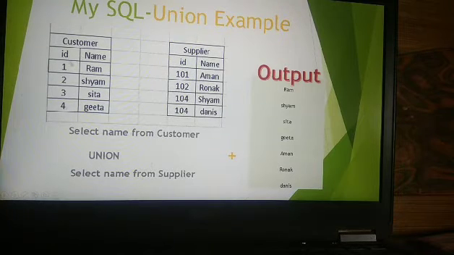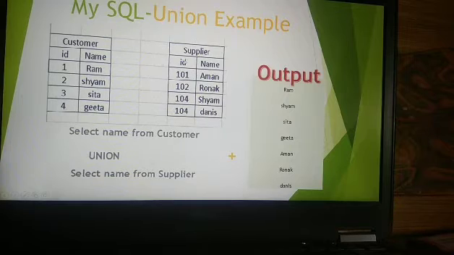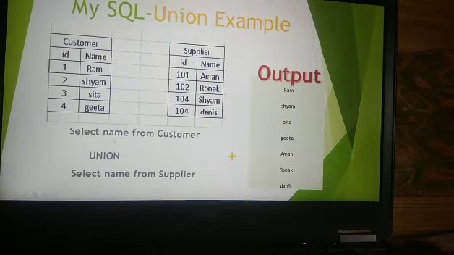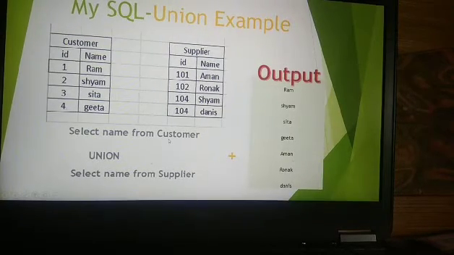In the customer table we have two columns, ID and name, and in the supplier table we have two columns, ID and name. Suppose we have to display the name of the customer table, then we write the SELECT statement: select name from customer. And now we have to display the name of suppliers, then we write: select name from supplier.